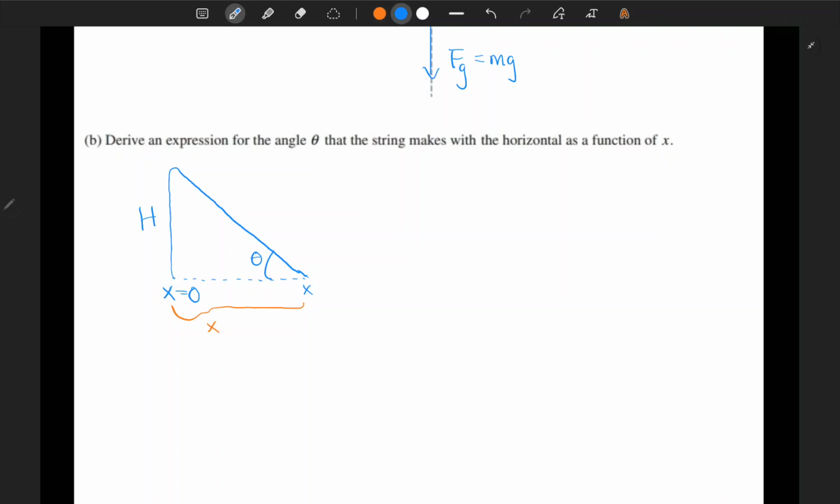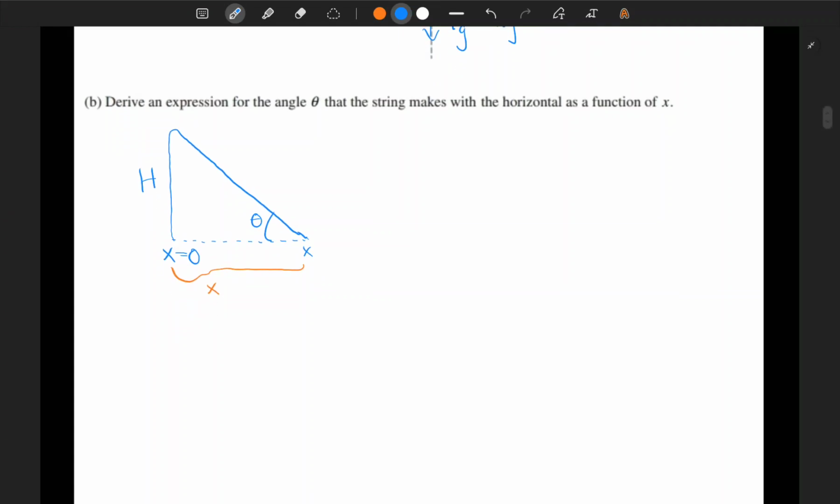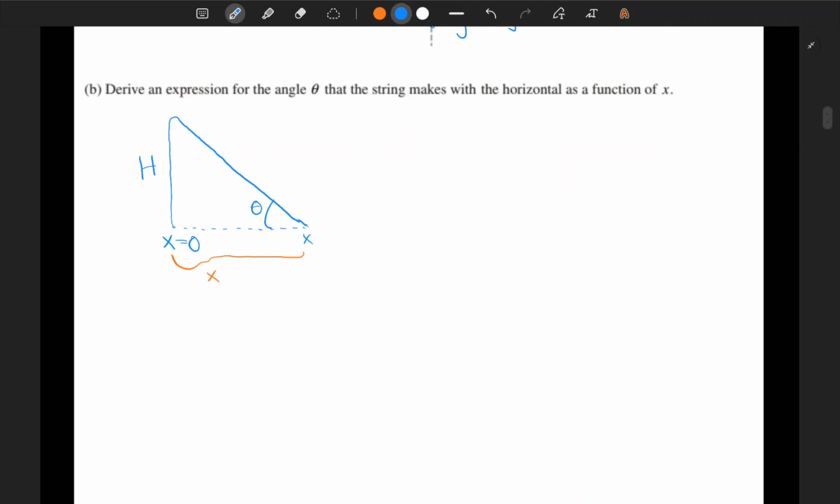So we can use trigonometry to solve this problem. There are three solutions to this problem, which we can use SOHCAHTOA for. Firstly, we must note that because we know two of the side lengths of this triangle, we know that the hypotenuse should be the square root of x squared plus h squared.